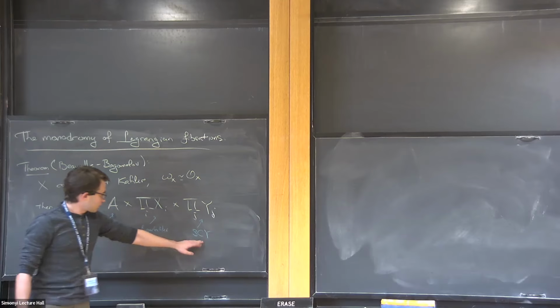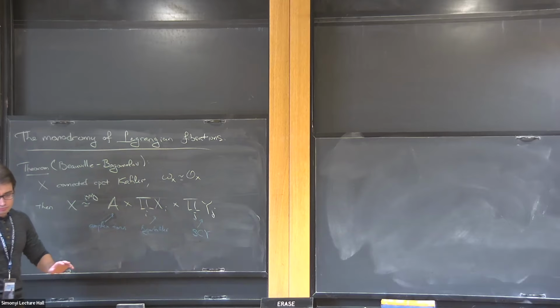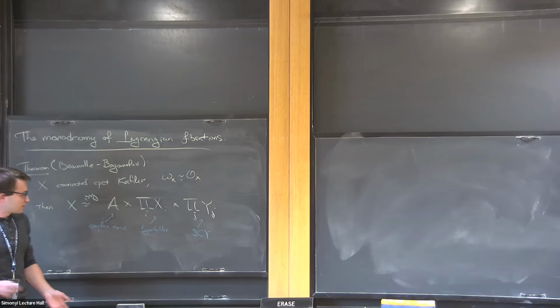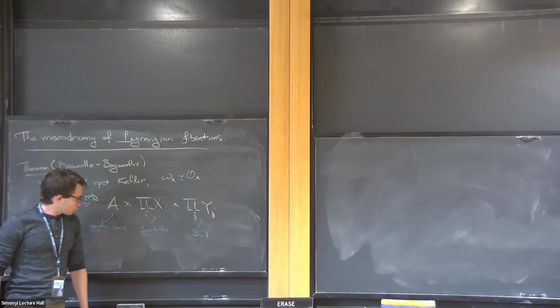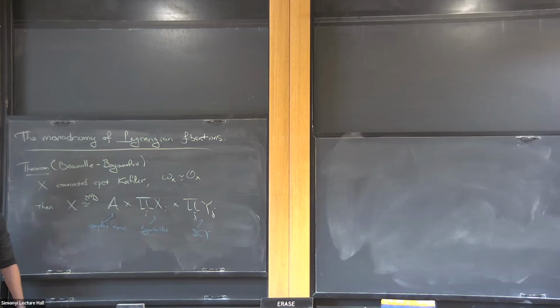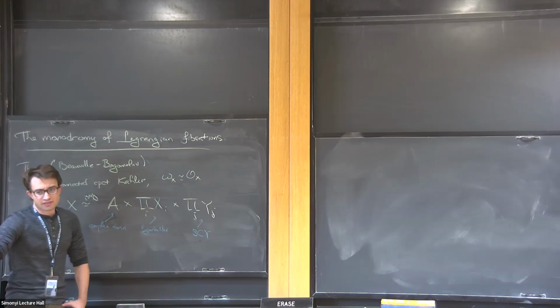These Calabi-Yau's are a more recent notion. They came up due to physicists in the 90s who found a lot of connections between string theory and geometry. They're not as well studied as complex tori, but a lot is known about them, especially due to recent work of Laza and Friedman.